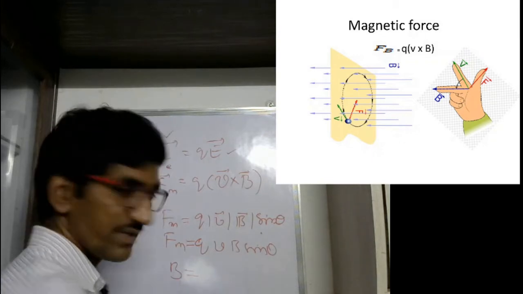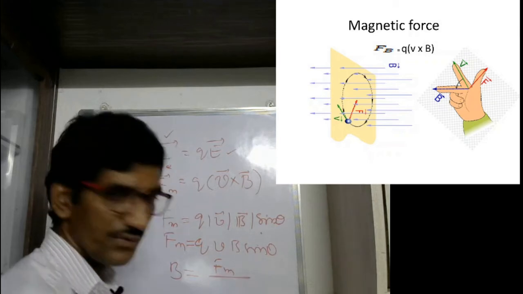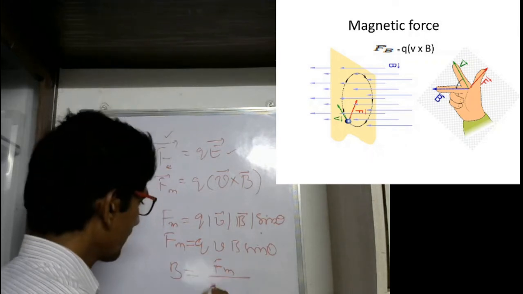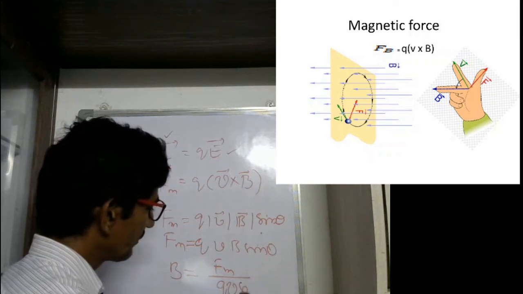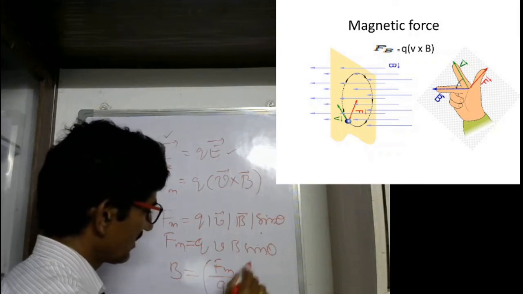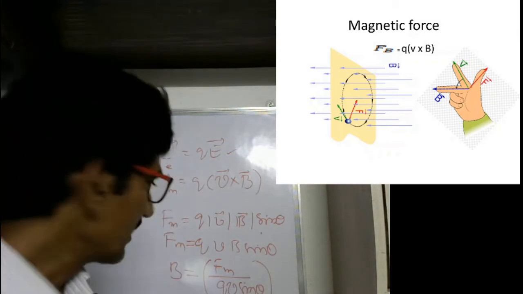Magnetic field can be defined as Fm, magnetic force, by QV sine theta.